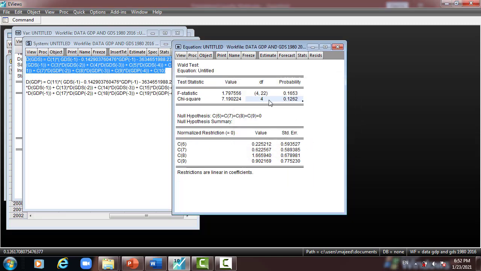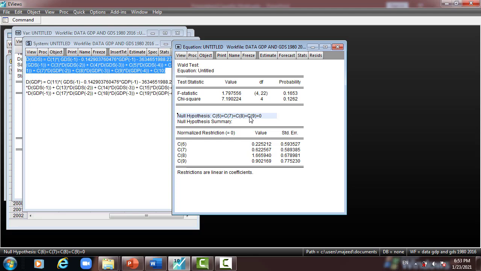Now we can see the chi-square, as I mentioned earlier, with the corresponding p-value. This is 12.62%, greater than 5%, meaning that we cannot reject the null hypothesis that all these coefficients are 0.